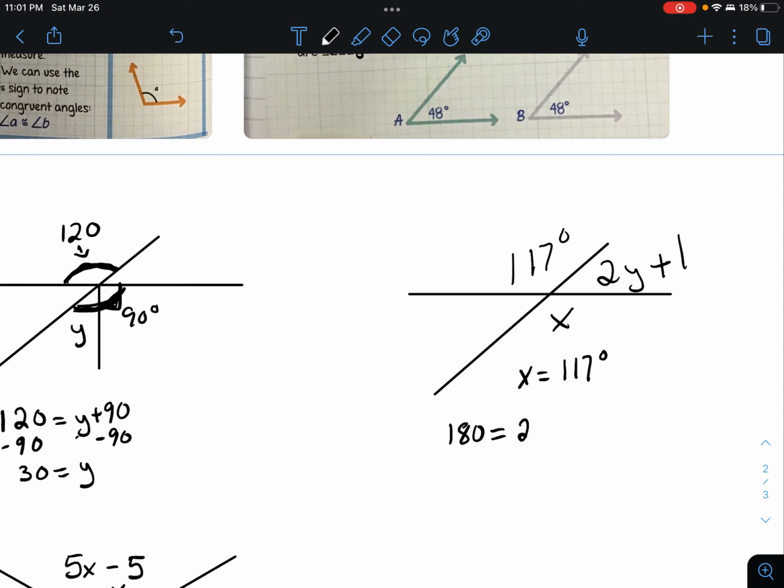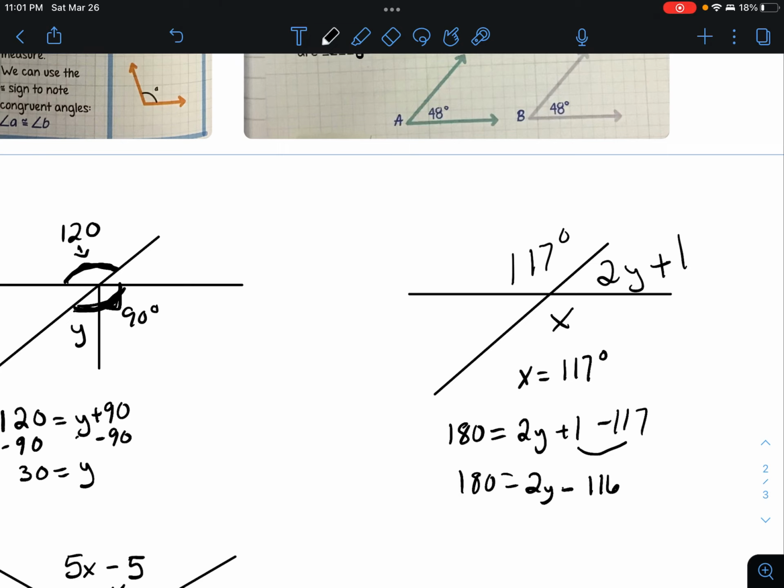is equal to 2y plus 1 minus 117. So first I can combine my like terms before I move on. Positive 1 plus 117 is going to be a minus 116. And this would be 2y is equal to, that'd still be 180 degrees.